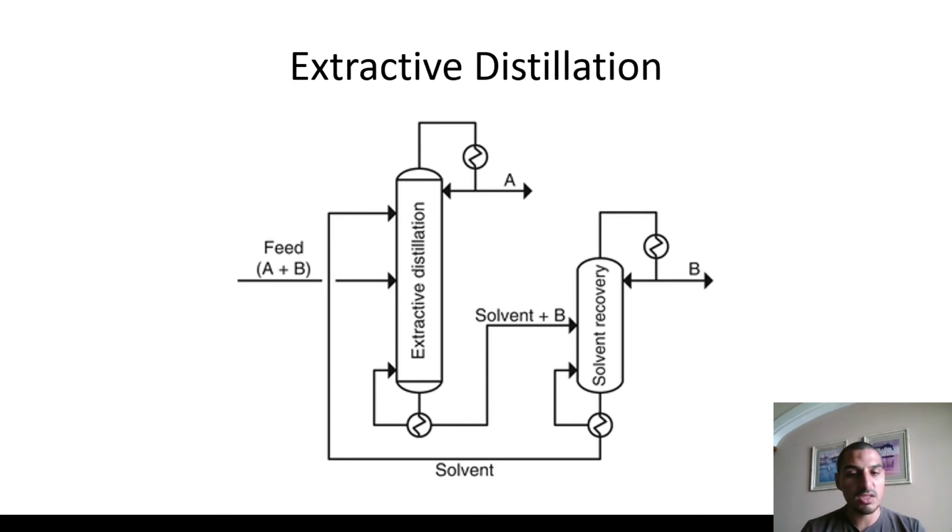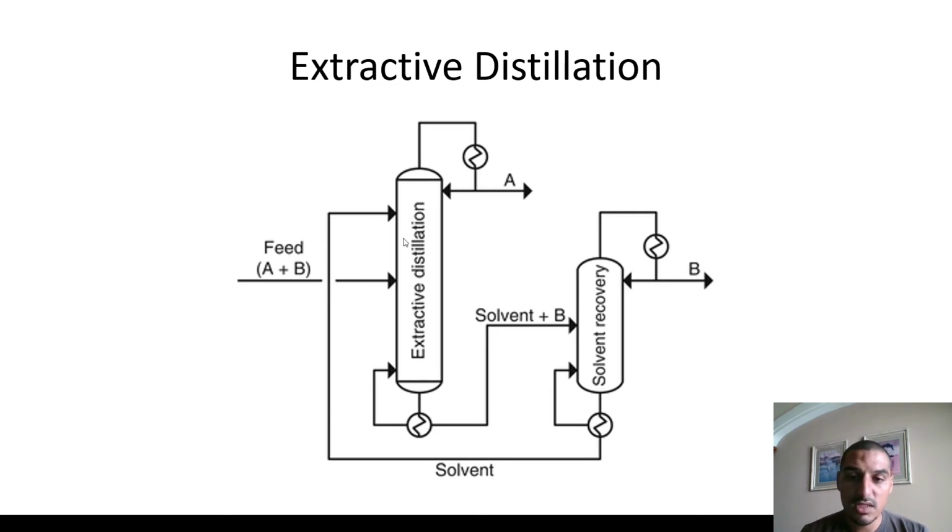So evaporation and distillation are going on, but water is not separated from ethanol based on the boiling points, but based on the solubility in the solvent that we have here. Sometimes it's called solvent, sometimes it's called entrainer. Both words are used for the same thing.